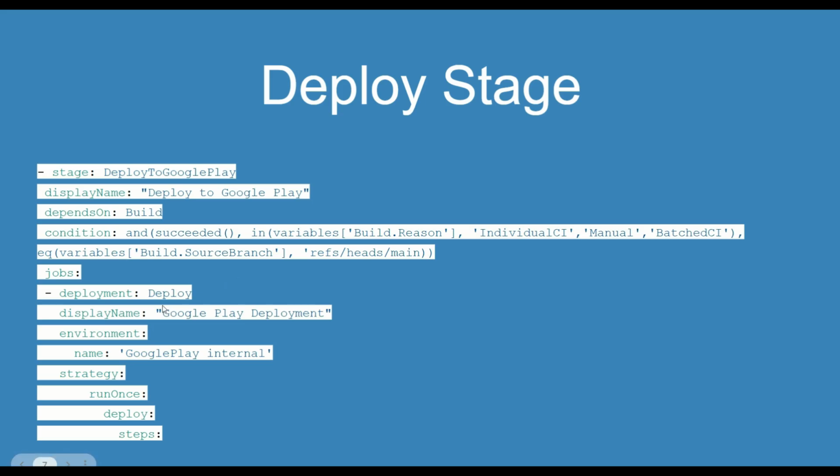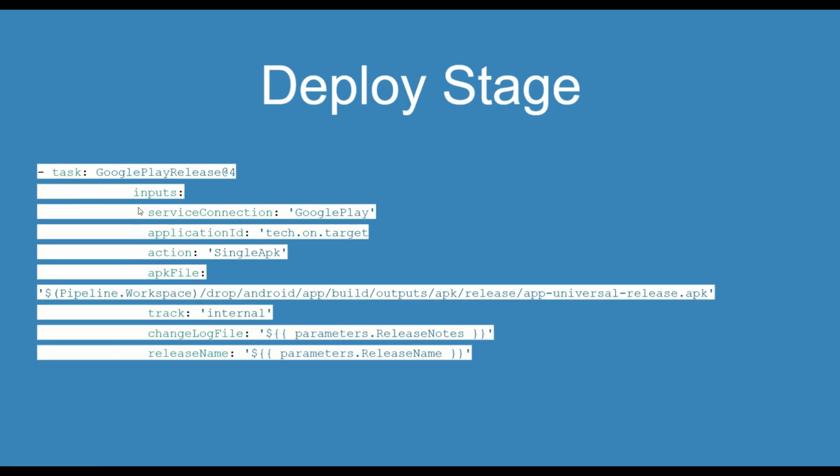I have made an environment via Google Play internal, and I have added some persons as approvers to that. When Mr. X approves that deploy, then only the deployment will happen to the particular stage, otherwise it will remain in a pending permission state.